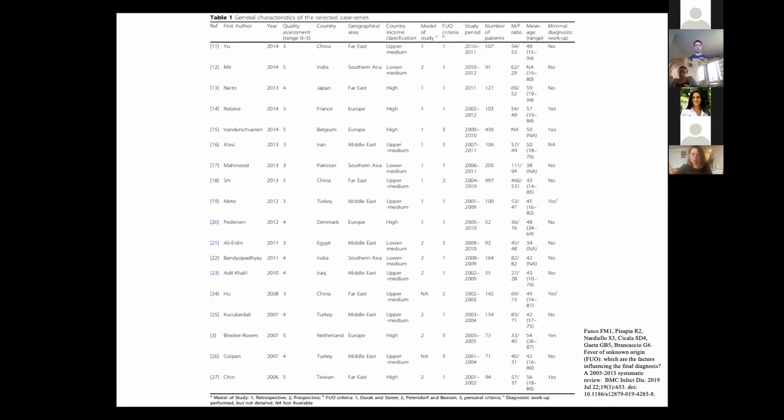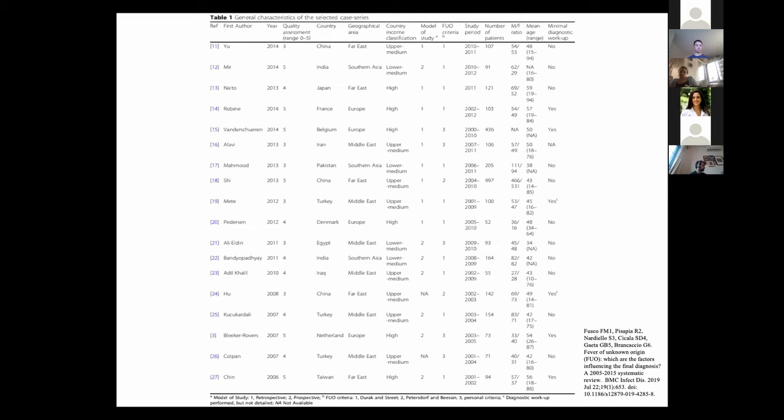So this is a little bit newer data from the 2000s, different case series. And again, these excluded immunocompromised patients, people with HIV, pediatrics, and geographically, for whatever reason, there really haven't been any cohorts out of the Americas and Africa.